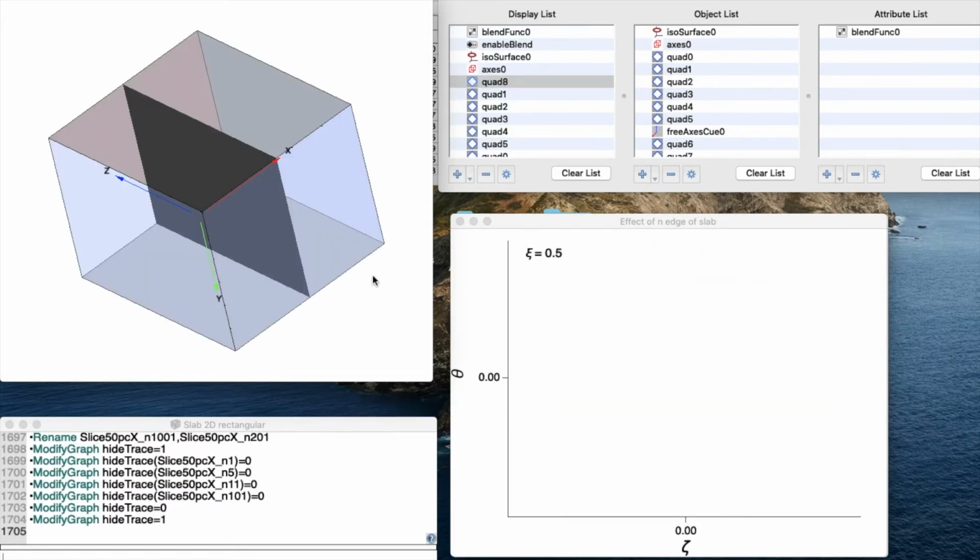Okay, now let's try taking a slice in the opposite direction. So we're going to hold xi constant at 0.5 and see how the temperature profile is affected by the z-coordinate.